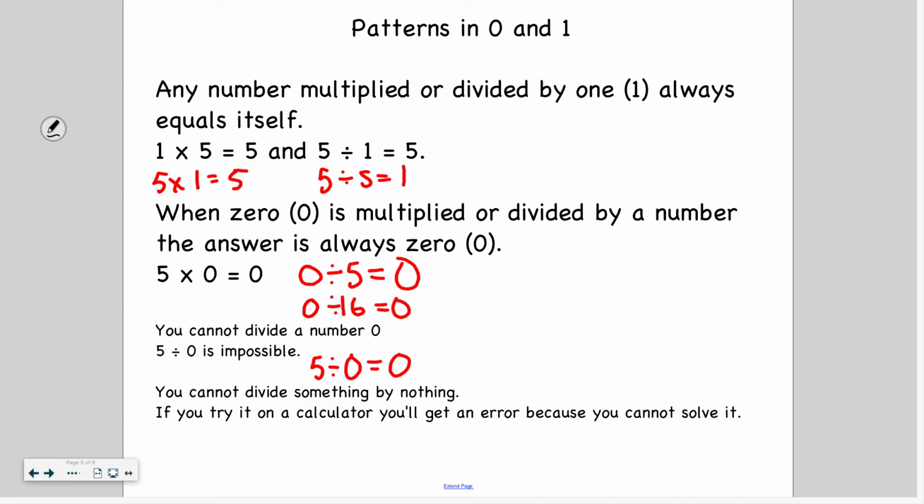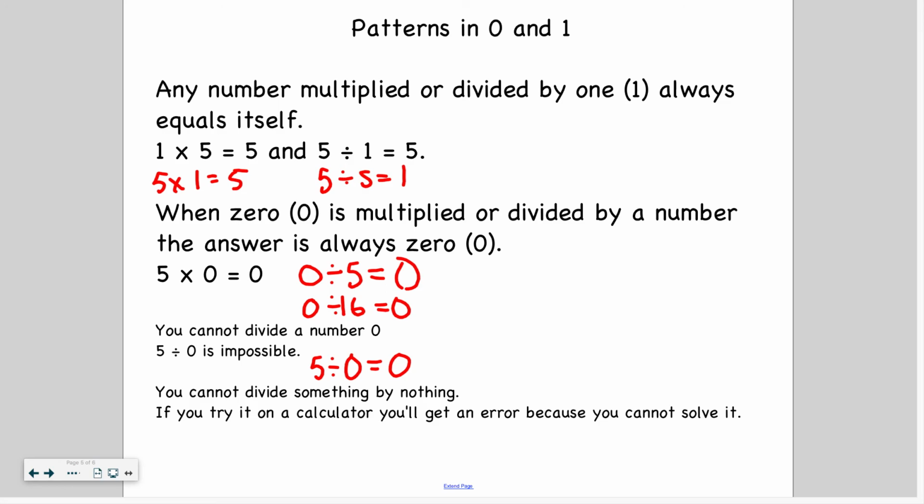I can't divide a number by 0, but I can divide 0 by another number, and I will always get 0 as my answer. So just something to keep in mind. So to recap, anything multiplied or divided by 1 is always going to be that same number, and whenever I multiply or divide 0, I'm always going to get 0.